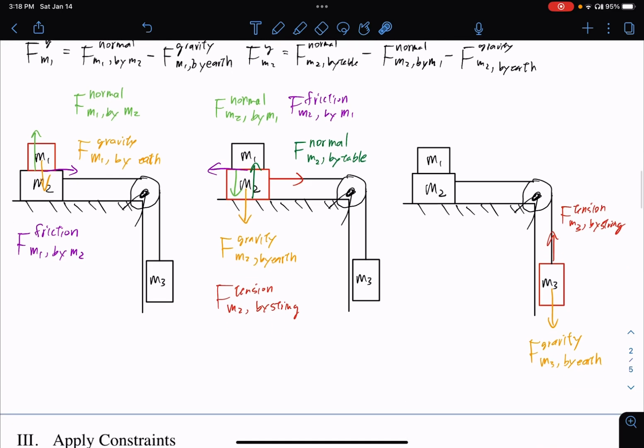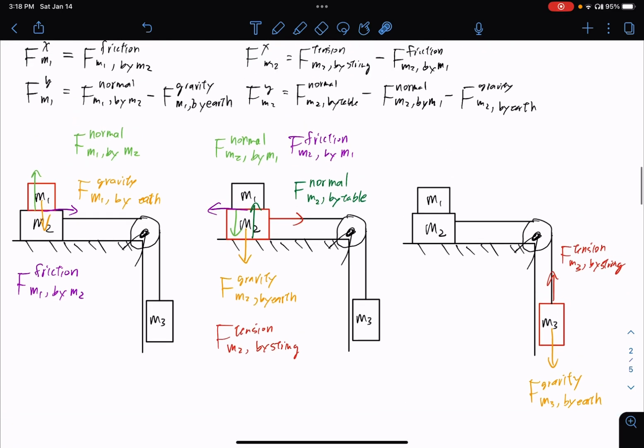Finally, we have the forces on M3. The net force in the x direction should be 0 because there is no force acting on M3 in the x direction. When we look at the net force in the y direction, we see there's a tension going up, which we take as positive.